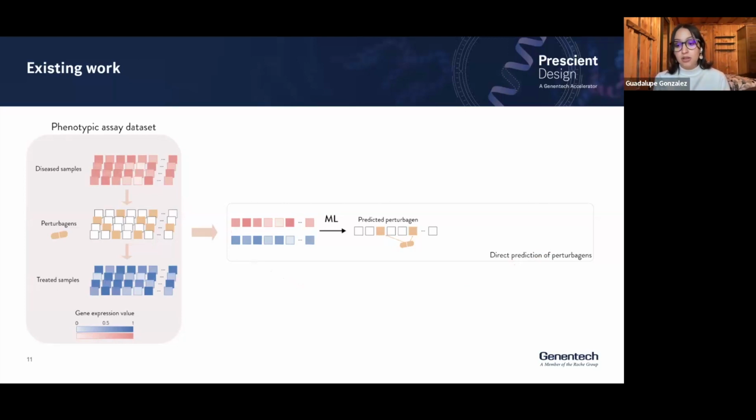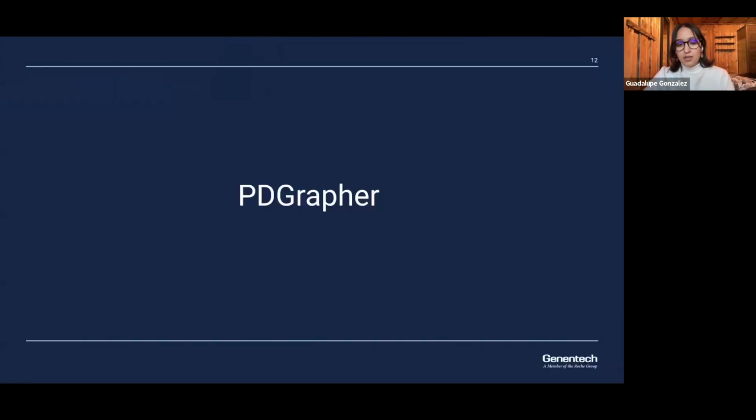This is what we call a direct prediction of perturbagens. And this is exactly the problem that PDGrapher tries to solve. So I'll go next into our problem.